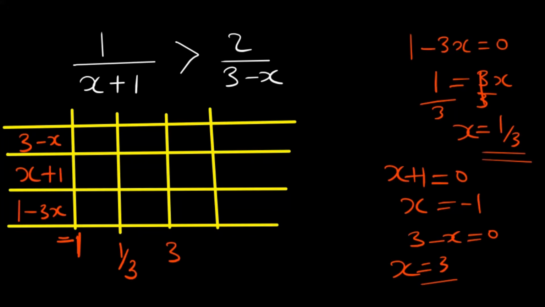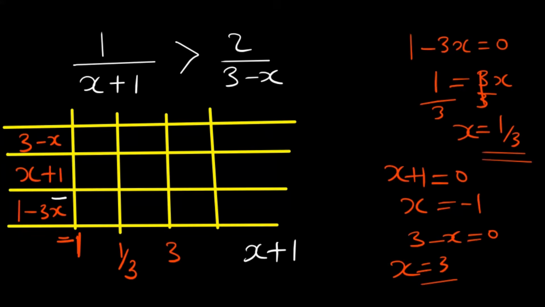So for our equations, let's start with which equation gave us negative 1. So the equation that gave us negative 1 is x plus 1. So allow me to write it here, x plus 1. So if you get any number that is less than negative 1 and replace it in the equation, let's say negative 2, I'm going to get a negative number here.